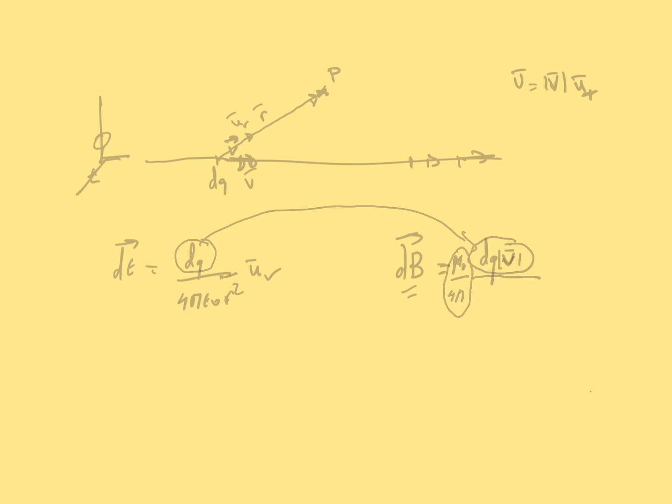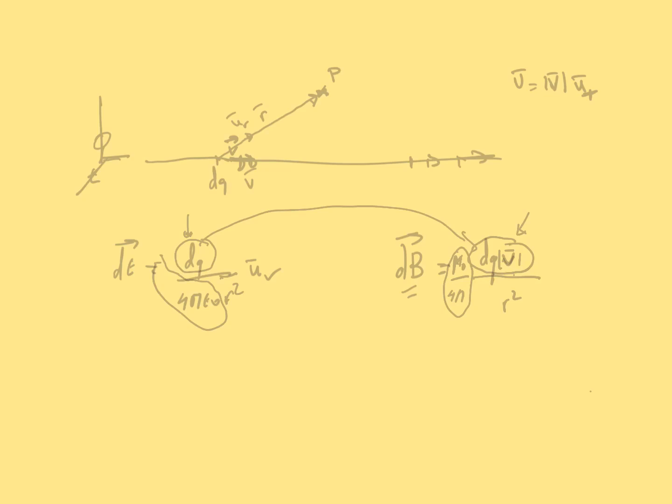Also here we have a constant, 1 over 4 pi epsilon 0. It has the source, that is the charge for the electrical field. It has the source that is charge with movement, dq by v. It has the r squared, the same like this.